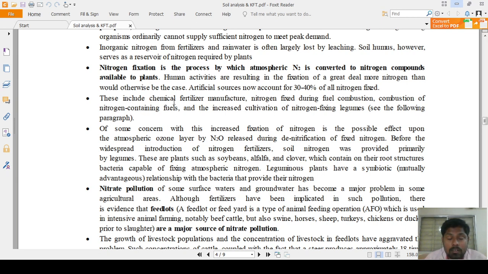Okay, this includes the artificial ways of nitrogen fixation. Artificial sources are fertilizer, nitrogen fixed during the combustion of nitrogen containing fuels, and increased cultivation of nitrogen fixing legumes.